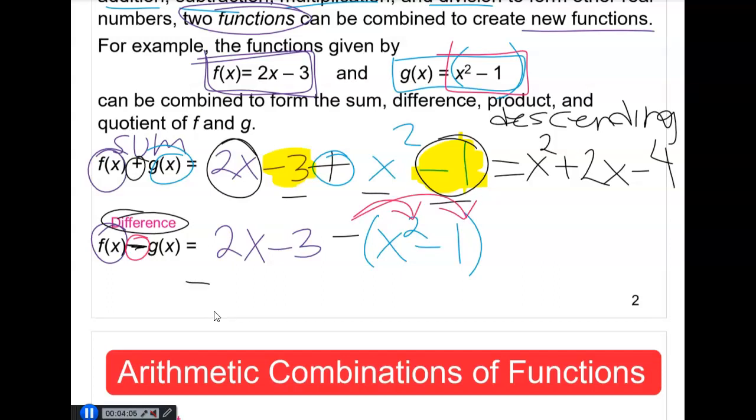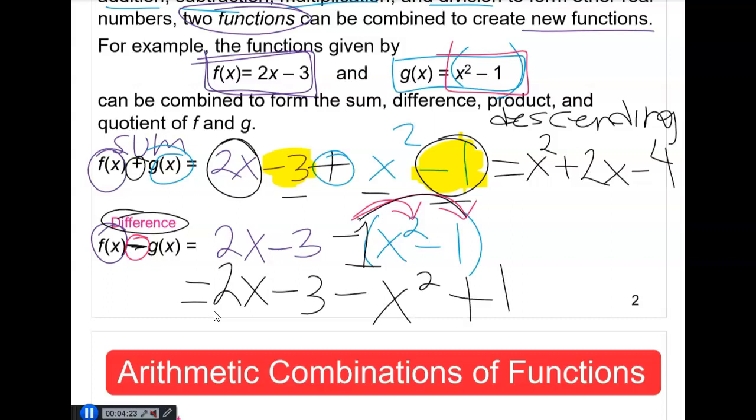And then we will have 2x minus 3 for the first function. Then after distributing the negative, and remember, it's like you have an invisible -1 outside the parentheses multiplying. So -1 times x squared is -x squared. And then -1 times -1 is going to be +1. Now from here, we're going to combine like terms.